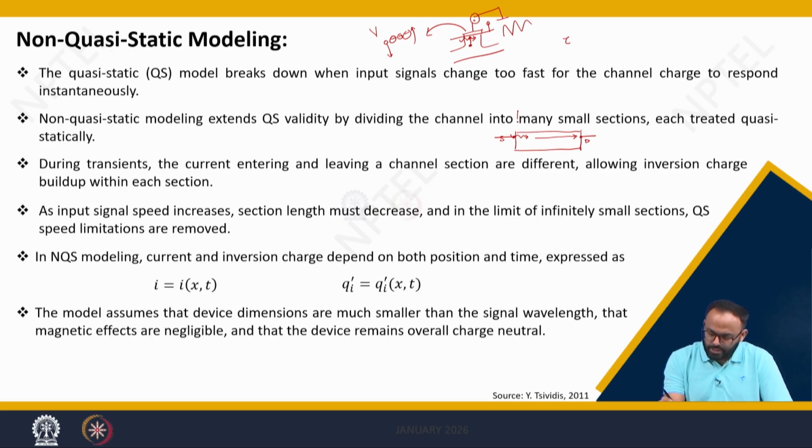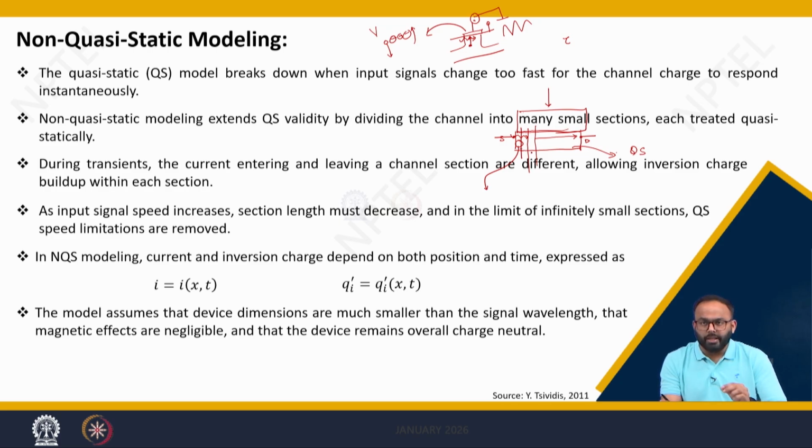If the gate voltage from the top is changing very rapidly, the quasi-static assumption we discussed in previous lectures will fail. The idea is to divide the whole device into small subsections such that each section follows quasi-static operation, and you can model each section, and then by using a continuity equation you can relate all these sections.